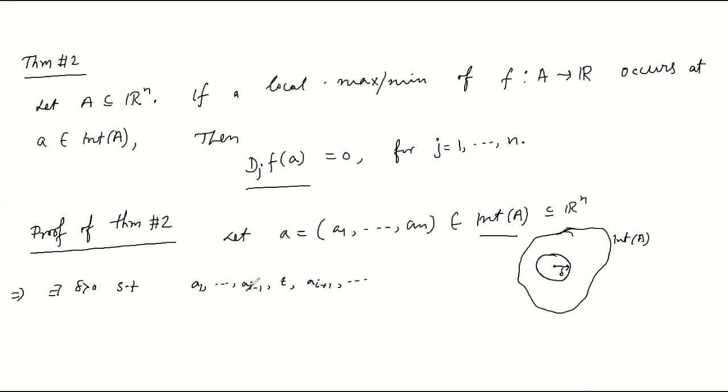So the point (a1, and so on, a_{j-1}, t, a_{j+1}, and so on, an) belongs to the interior of A. So there exists some delta greater than 0 such that these points are in the interior of A for all t belonging to the open interval with endpoints a_j minus delta, a_j plus delta.